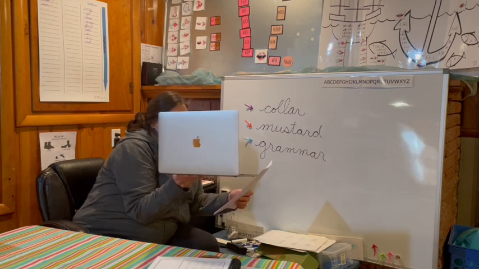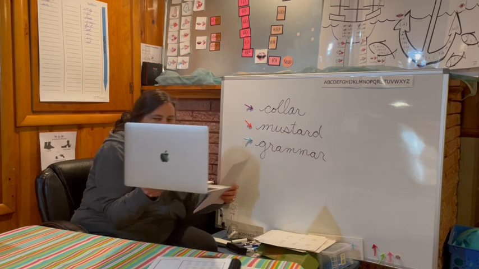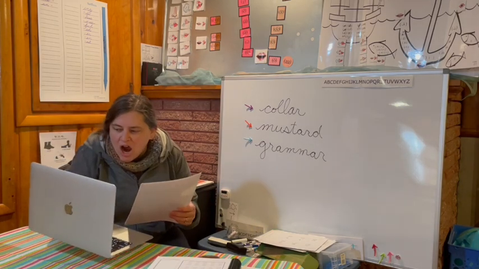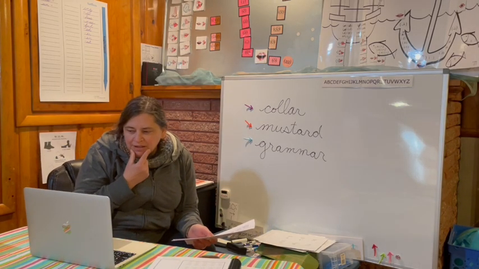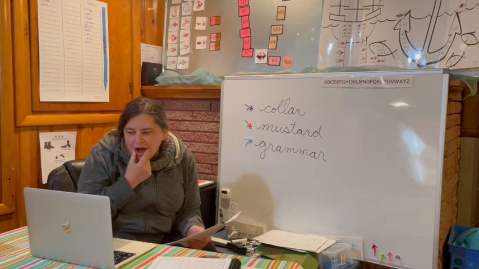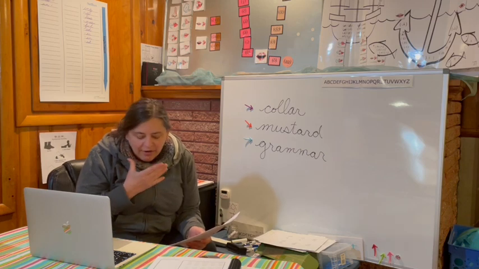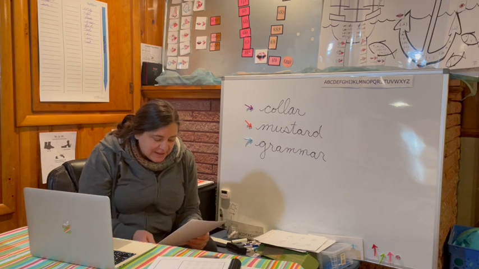And how many sounds? Collar. See how my mouth is going. Collar. Mustard. You can't really see it unless you draw it out. It doesn't really show. But you might feel it when you're saying it.